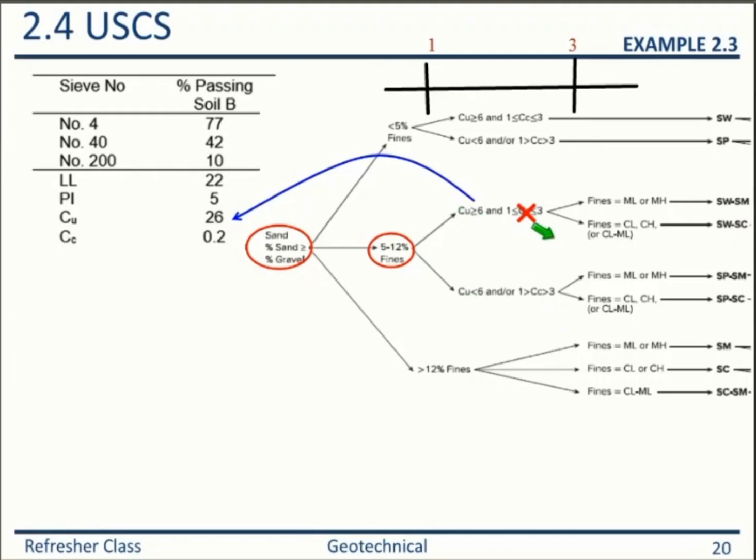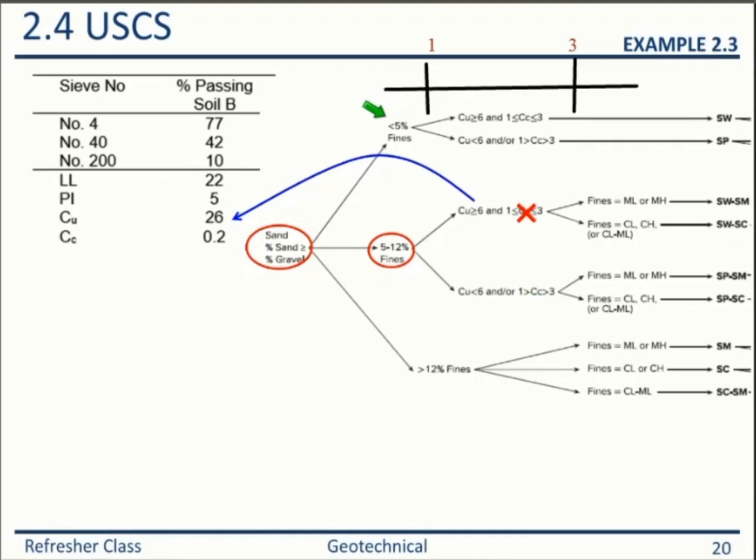But in this case, one of them should be correct. This is not correct, so let's look at here. It says 1 should be greater than C sub C. Our C sub C is 0.2, right? So 0.2 is greater than 1? No, it's less than 1. So 1 is greater than 0.2. Therefore, this condition is met. So it means your value lies here.